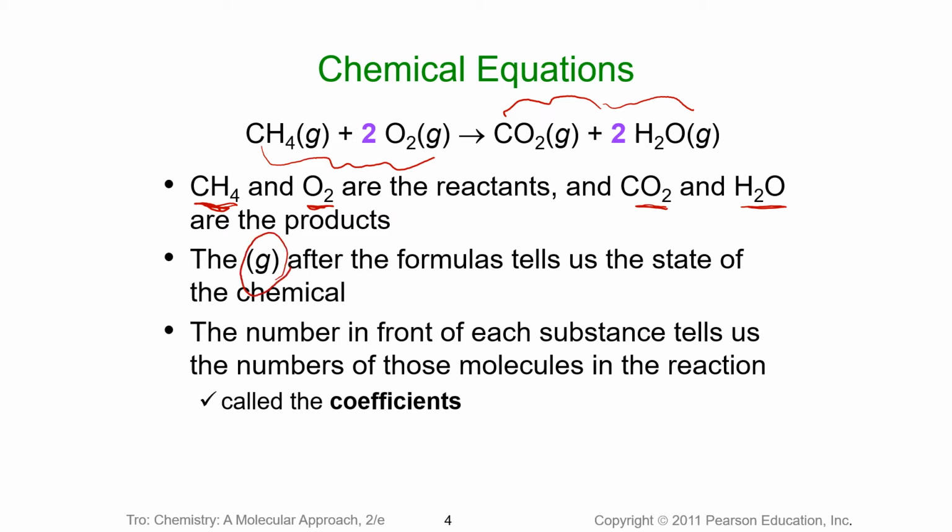We have information about the phases that the compounds are in, and the coefficients tell us the number of molecules or moles that are reacting in order for this reaction to occur.